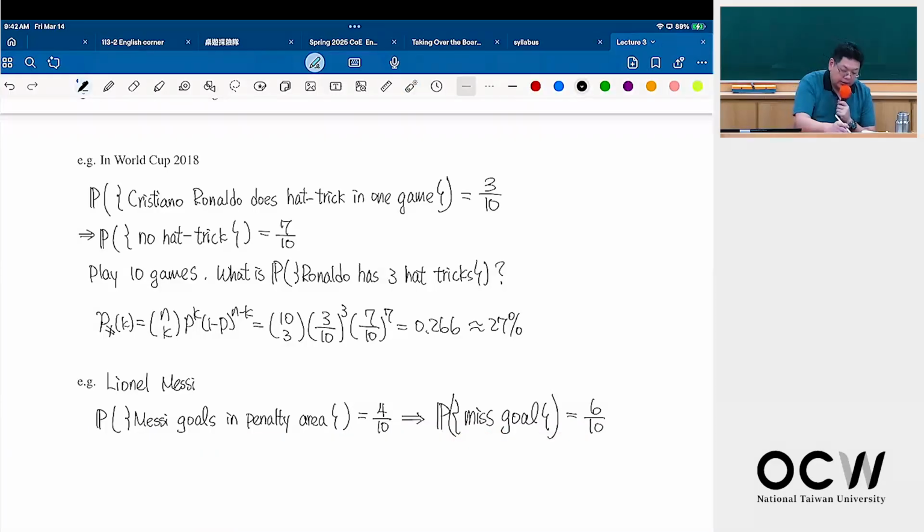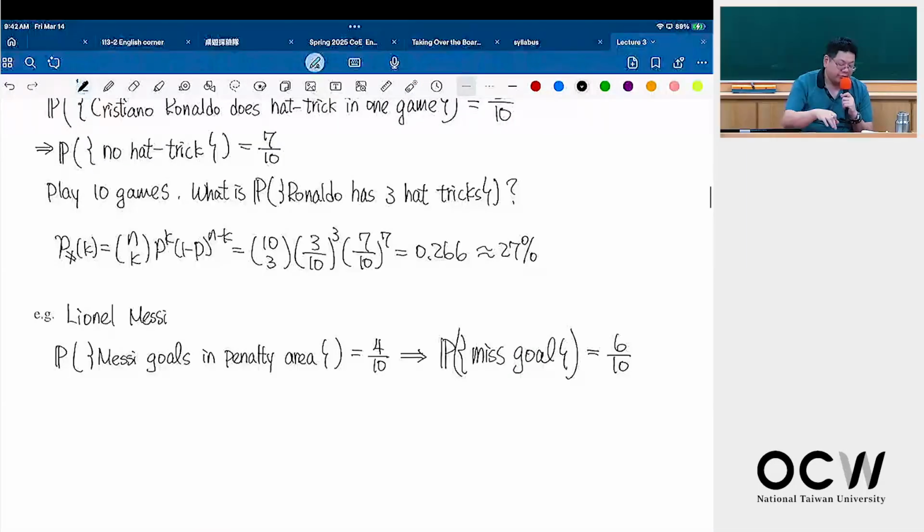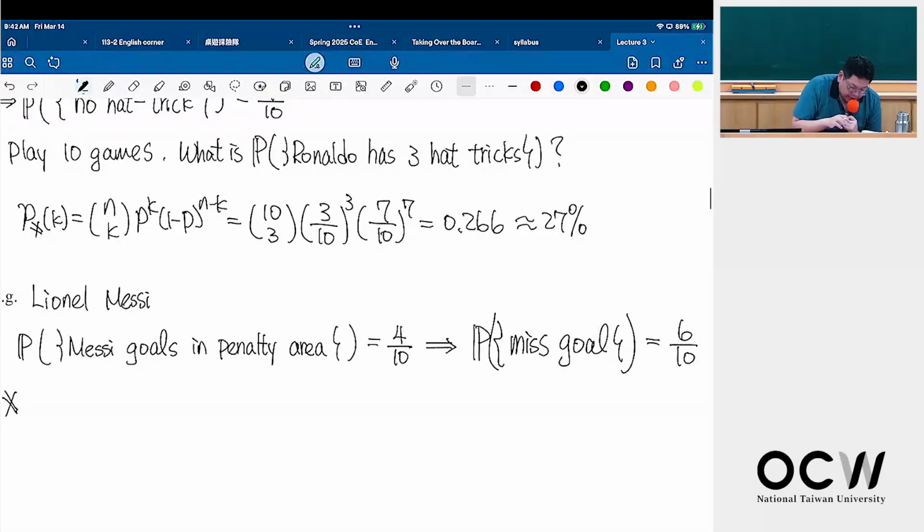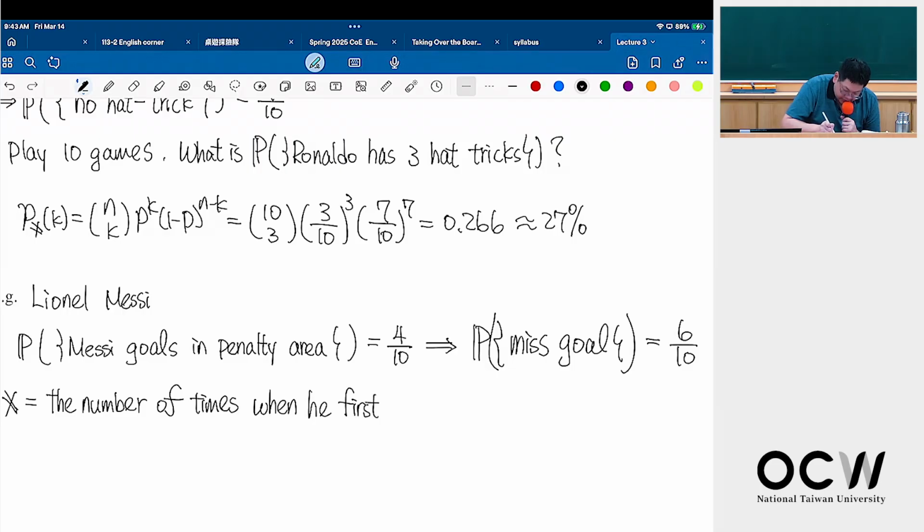Now, this is a Bernoulli random variable, but here we define another random variable. This random variable is the number of times until Messi first scores a goal successfully.